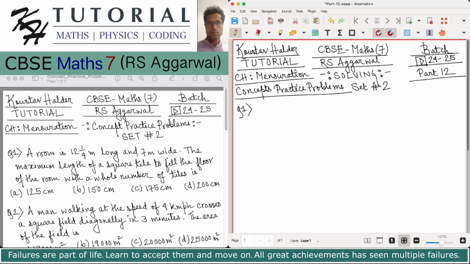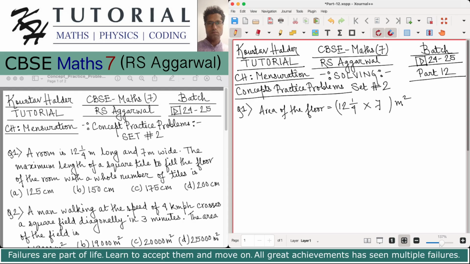the area of the floor of the room. So area of the floor will be 12 and 1/4 multiplied by 7, this much meter square.